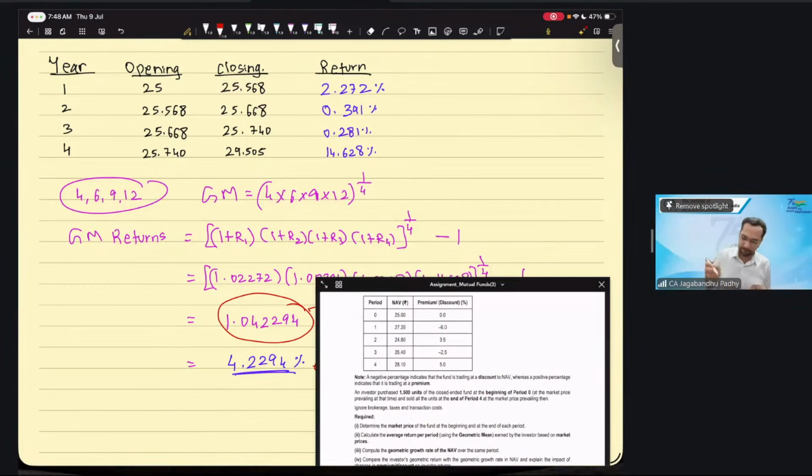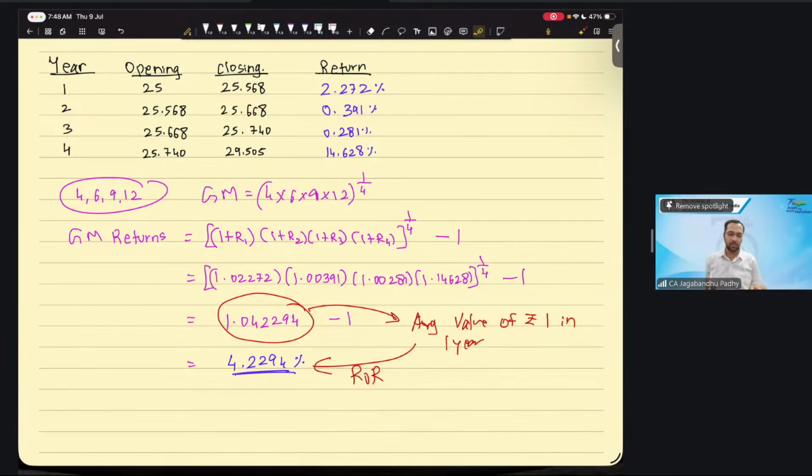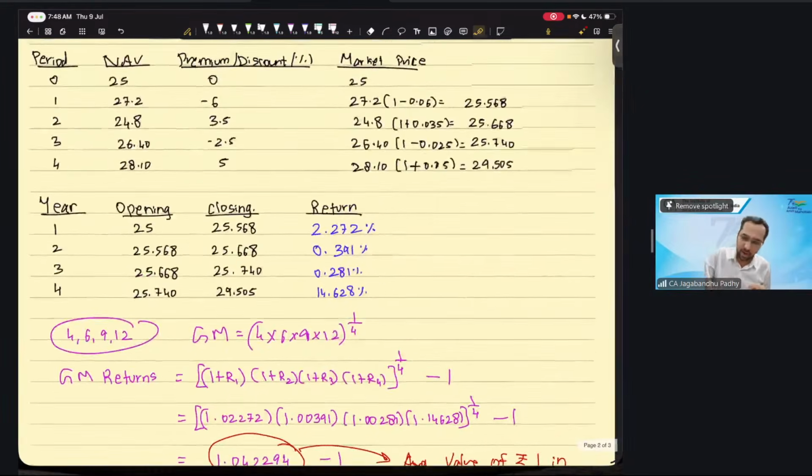Then the next thing is they're saying compute the geometric mean or geometric growth rate of NAV over the same period. Now, same way we have to get the numbers for NAV.